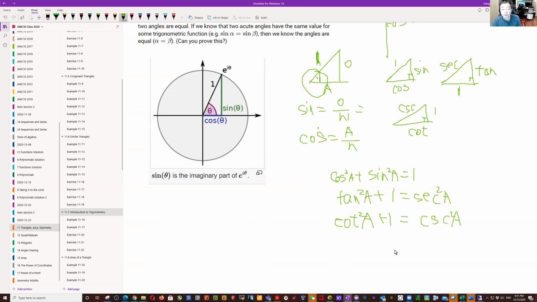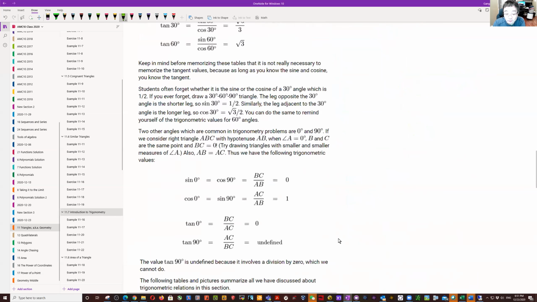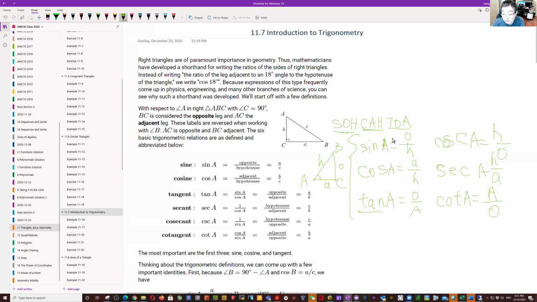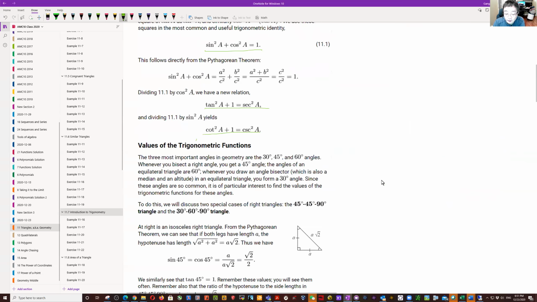I'm going to find that picture because that picture is very nice. For whatever reason, it wasn't there anymore. I'm going to find a nice version of it to show. So basically, this is just an introduction to trigonometry.